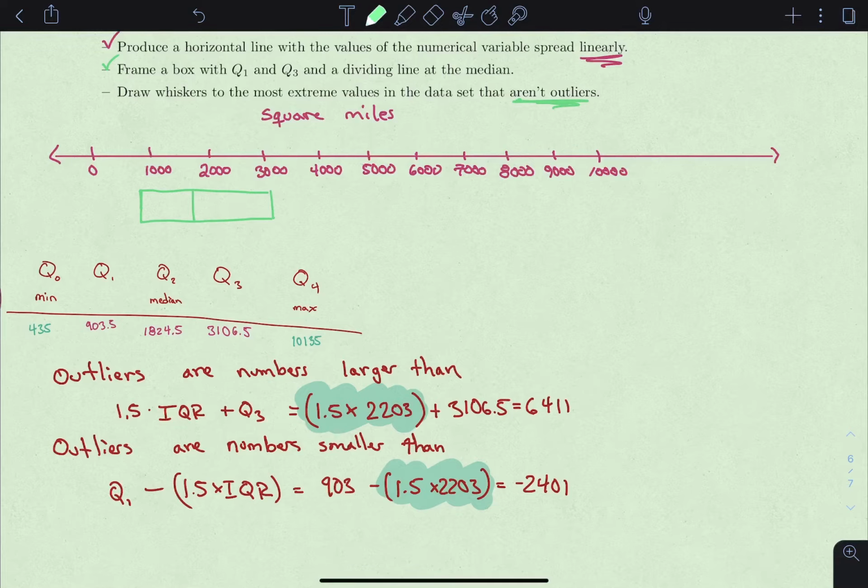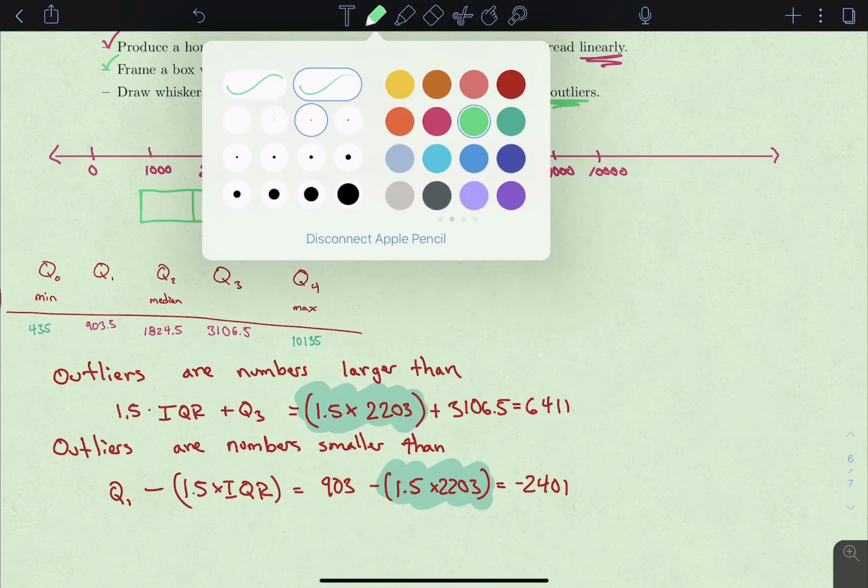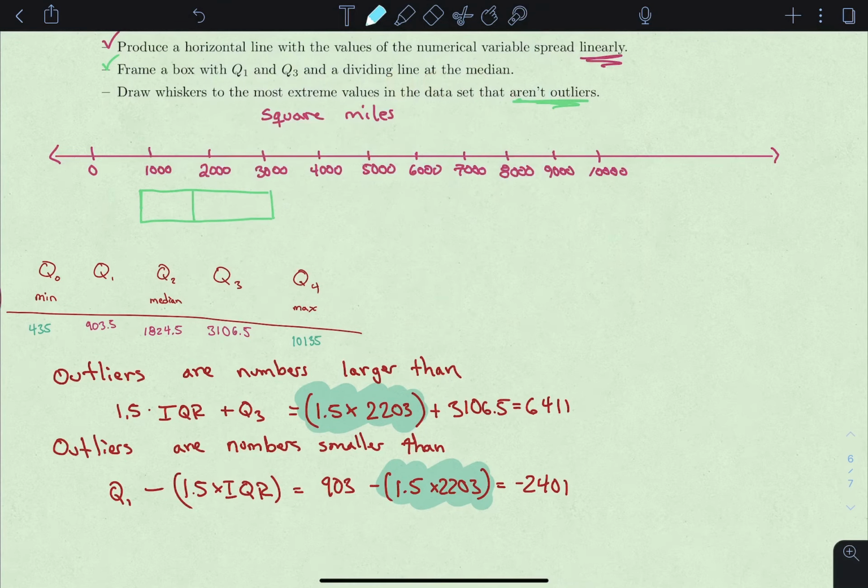So there's this kind of dividing line, we can maybe use a different color, that says outliers on this side are all the things that are over here, and we really actually needed the room on the left side of this number line, but outliers maybe over here as well.